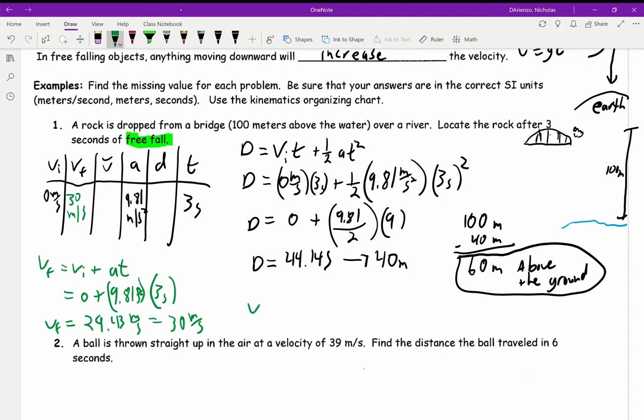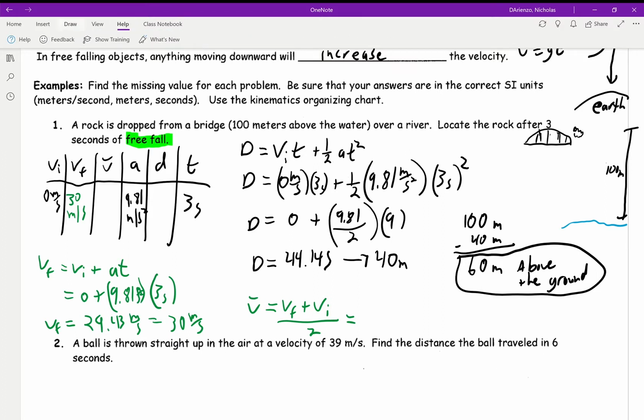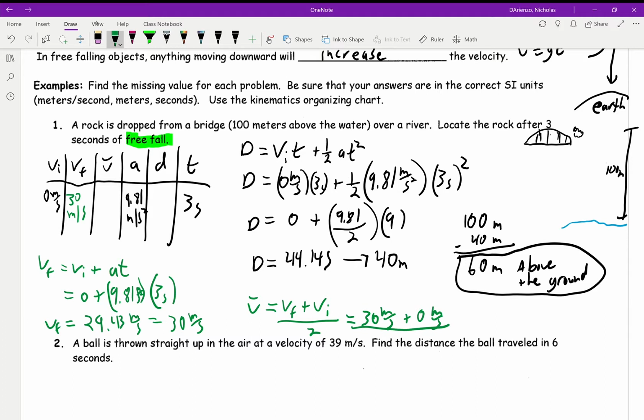And to find the average velocity where an object is accelerating uniformly, such as in free fall, we can use our midpoint average velocity formula. We know the final was, let's call it 30 meters per second plus 0 meters per second over 2, which will get us 15 meters per second.